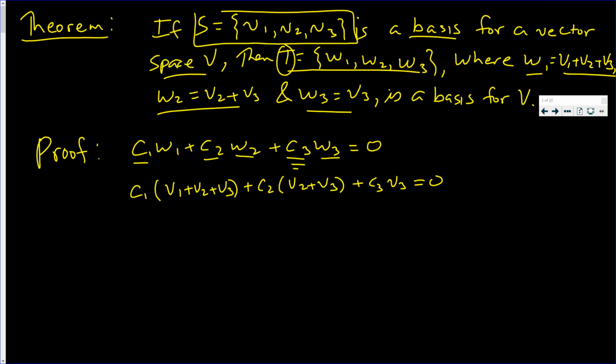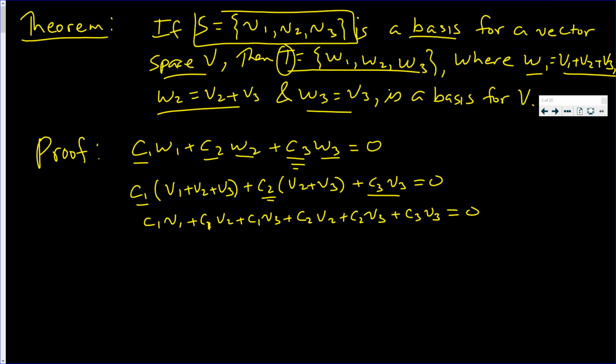And this equals 0. Okay, distributing the C1, we get C1 V1 plus C1 V2 plus C1 V3 plus, now I distribute the C2 to V2 and to V3. And let's not forget to add on the C3 V3. And this is still 0.